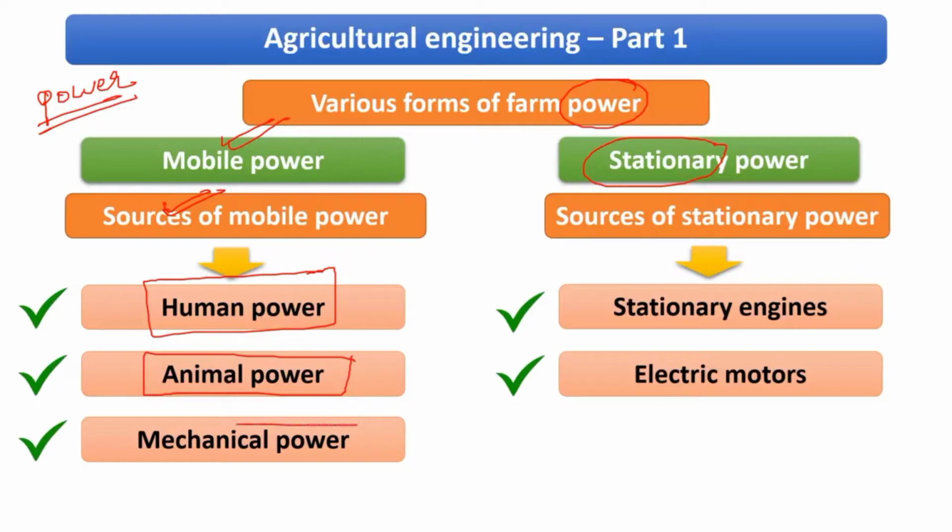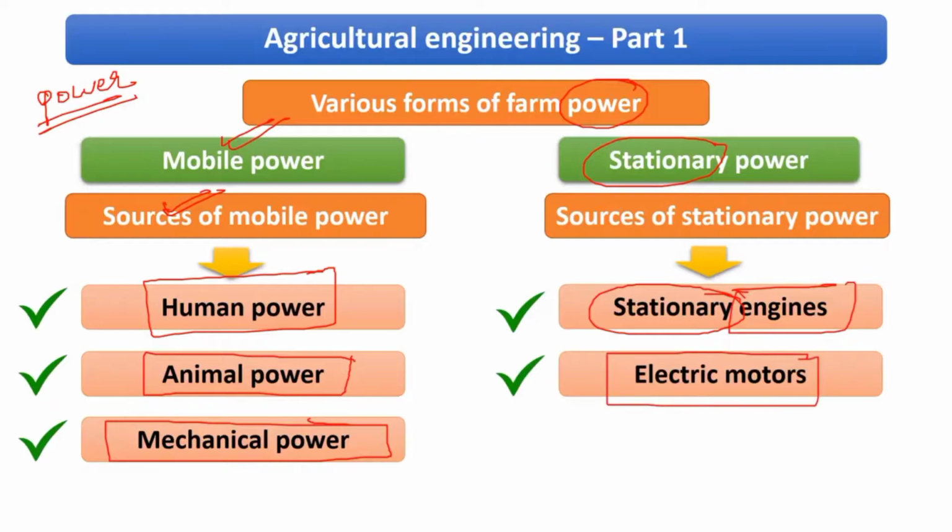It can be mechanical power, where we are using certain machines, right? Then you talk about stationary power. We are looking at the parts which actually supply power. Okay, it can be stationary engines, okay, or it can be electric motors. Okay, so these are some of the examples from where we derive power to do work in the field, right?